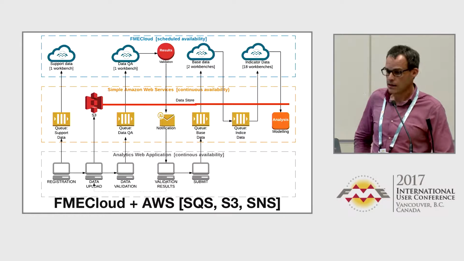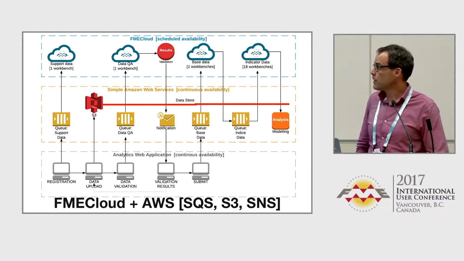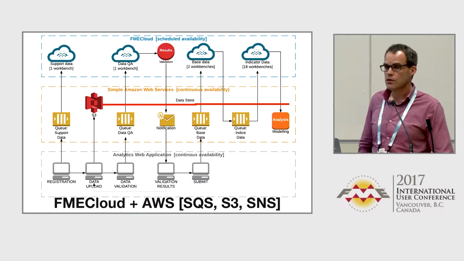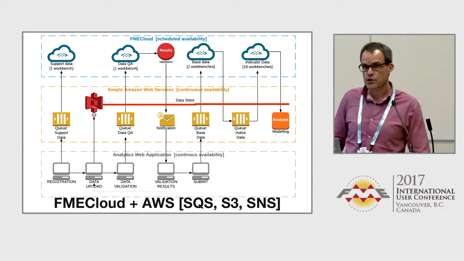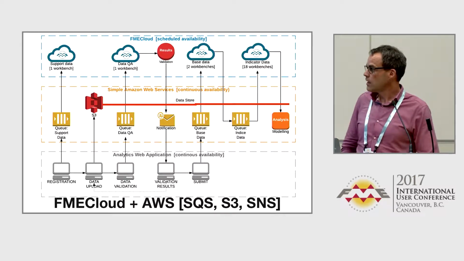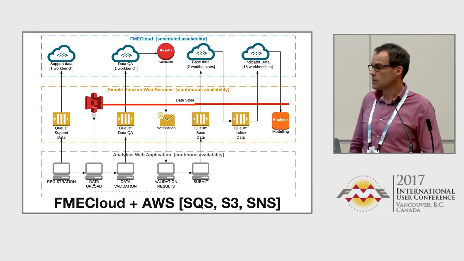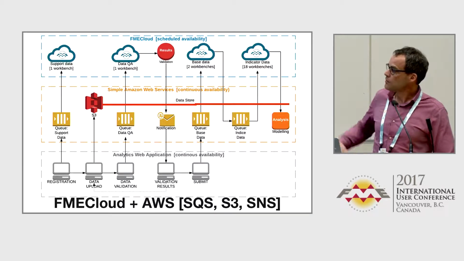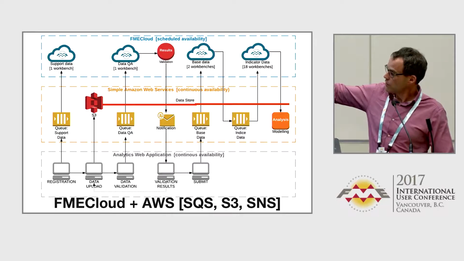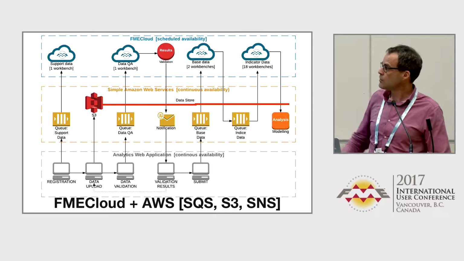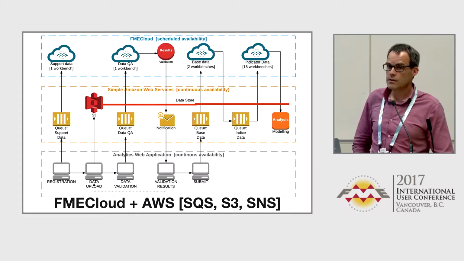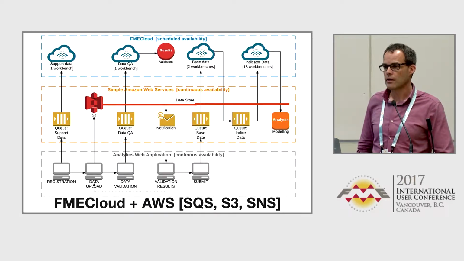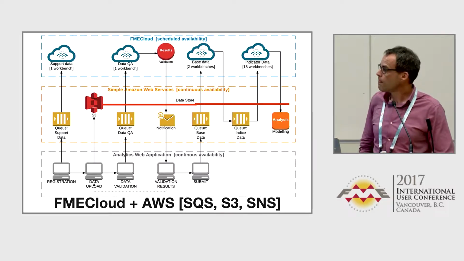So this is an AWS architecture diagram. You can see at the very bottom, the user does a registration process. They upload data, they validate some data, they get some validation results, and then they submit it to the rest of the analysis process. Between each one of those user-driven steps and FME Cloud running something at the top, there is an Amazon SQS queue.